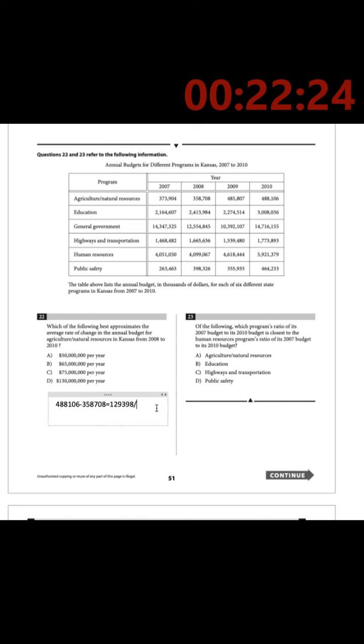And if you divide this by 2, which is the number of years, you get 64,699, which would be B, because it's the closest.